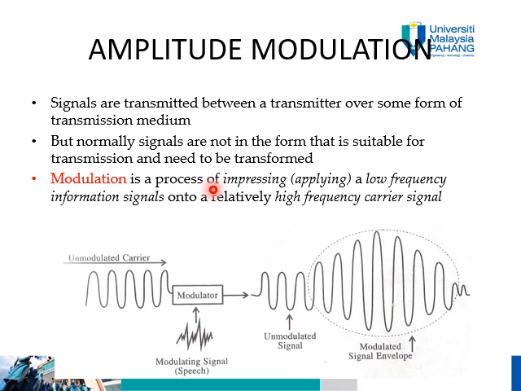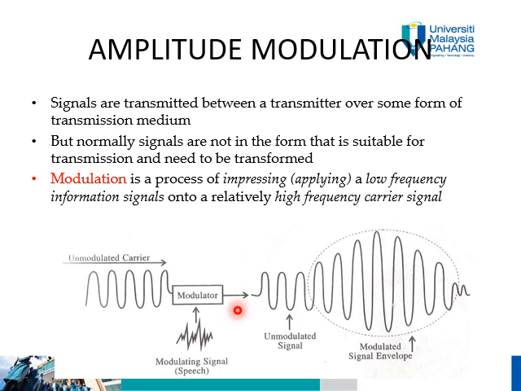The process is impressing or applying a low frequency information signal, the modulating signal, onto a relatively high frequency carrier signal, using a device called a modulator.